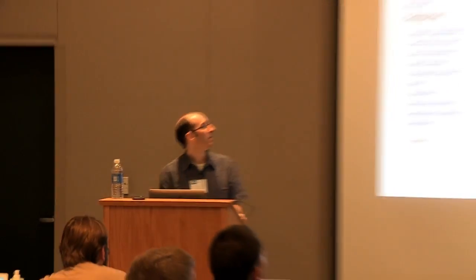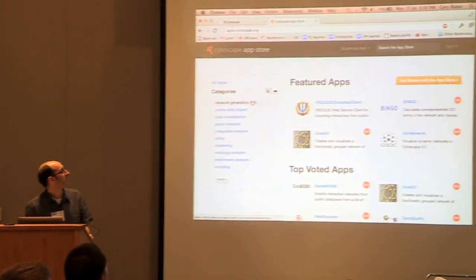Yes? Of those 160 apps, what each of them do, like a small dictionary, and what is available? Just to know. Yeah, so the question is, where do I find apps and how do I find out more about them? So there's this app store, apps.cytoscape.org, which is new, and all the apps are listed.